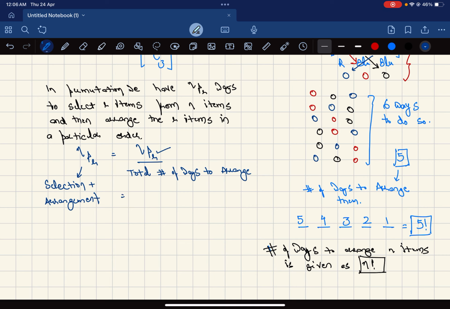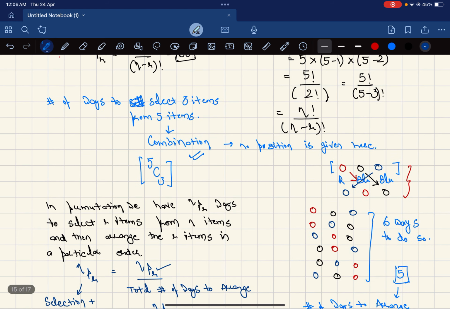Now this can be written as nPr divided by r factorial, because we already know from this particular derivation here that the total number of ways to arrange n items is given as n factorial, and in this case we are arranging r items, therefore it becomes r factorial.